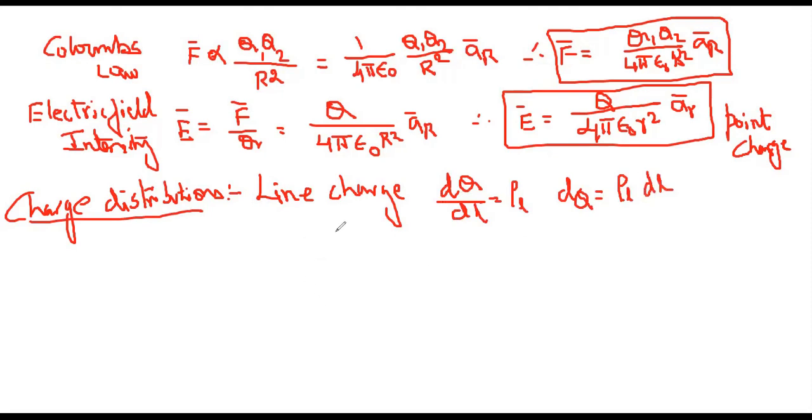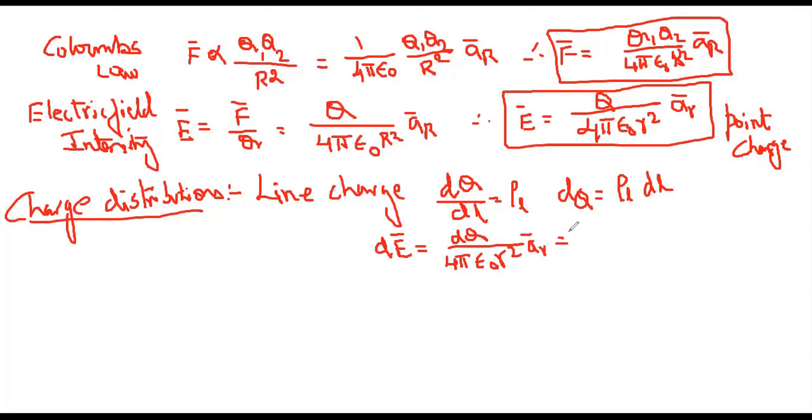So what is the electric field intensity in the line charge? The differential electric field intensity dE bar is equal to dq by 4 pi epsilon naught R square into AR bar.